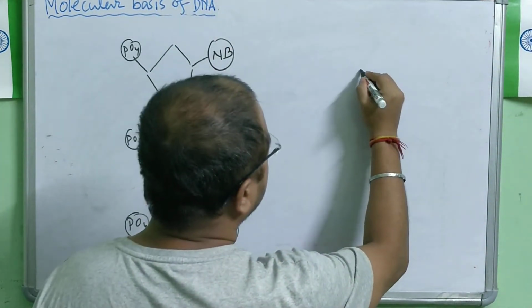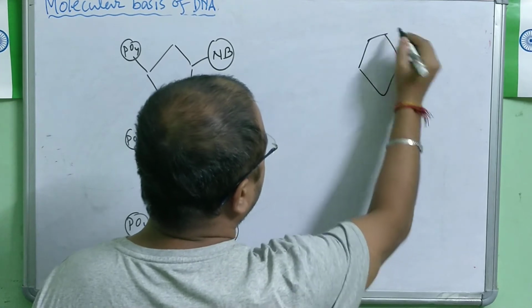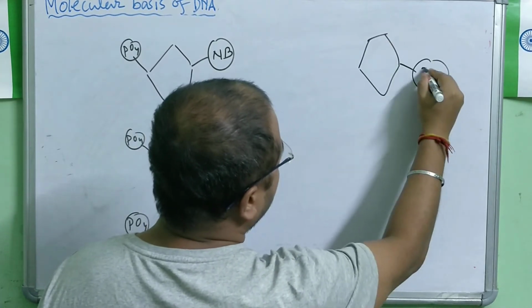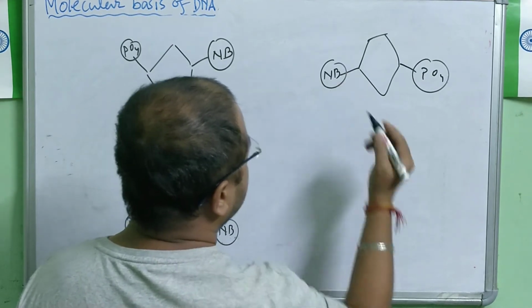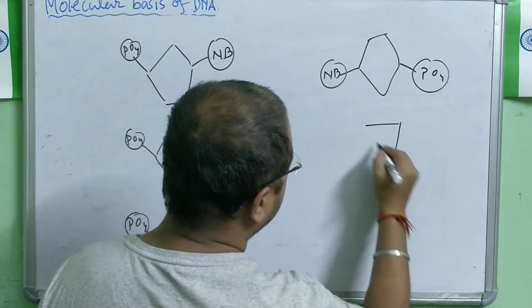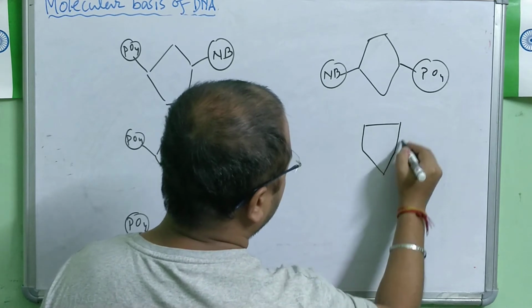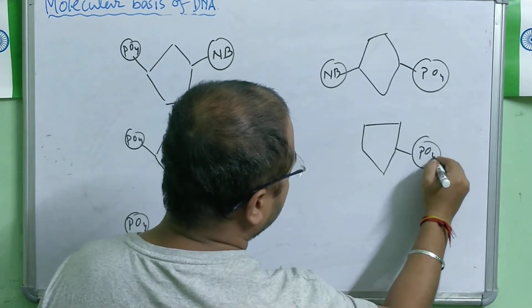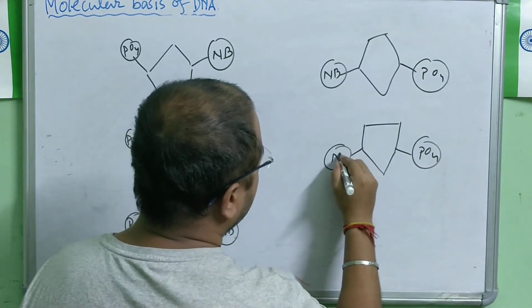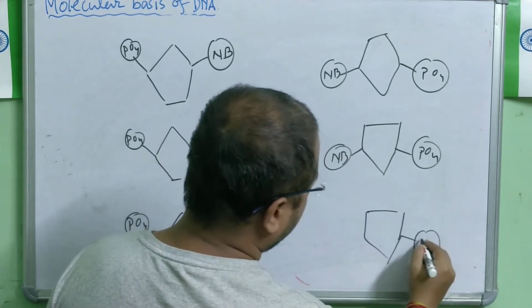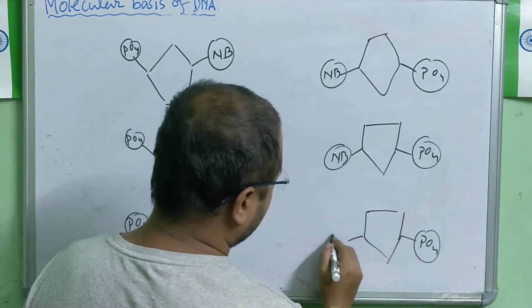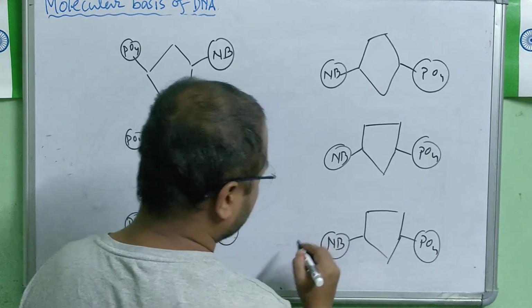So here it will be the phosphate group, and this side the nitrogenous bases. Same here, phosphate group, and here nitrogenous bases, phosphate group and nitrogenous bases.